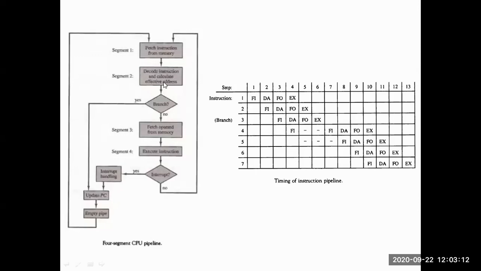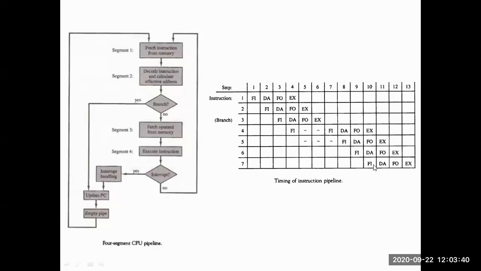Had there been no branch, we would not have emptied anything here, fine. If there would have been no branch, it would have been FI DA FO EX here, then the next would have been here, next would have been here, and the next would have been completed from here.